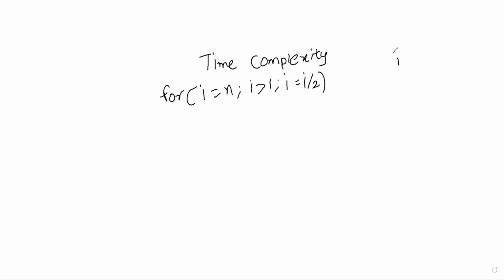So what is the initial value of i? How does the value of i go through? First, the value is i equals n.